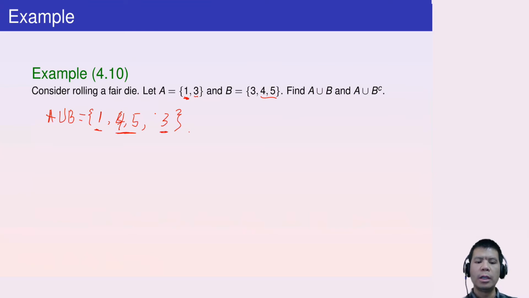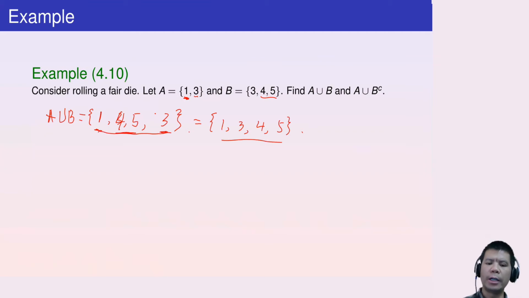Okay, so now in the future, if you're familiar with this, you can just write down as 1, 3, 4, 5. In the future, you don't have to write down in this order. You can simply put it in like this way. Okay, this is the union of A and B. Now, order doesn't matter in a set, and it must be all distinct.